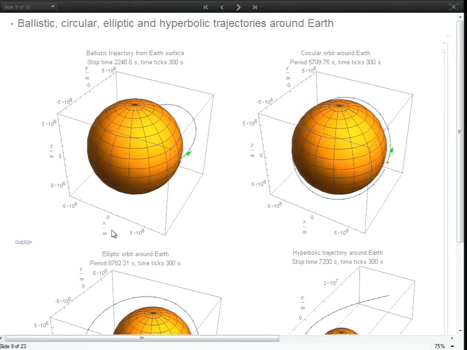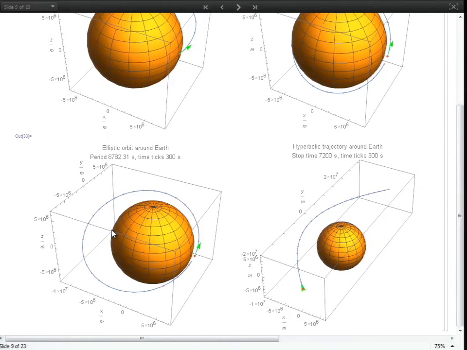If you take the initial velocity exactly tangential and equal to the circular velocity, you get exactly a nice circular orbit. If you choose an initial velocity which is higher than the circular velocity, which I have done in this case, then you get an elliptic orbit.